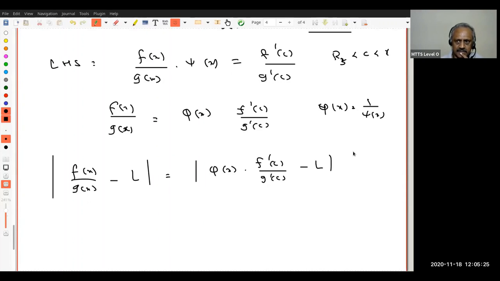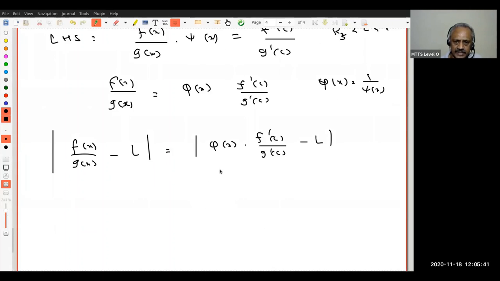Yeah, because my c is greater than R3, R3 is greater than already R1. Therefore, f dash c by g dash c minus L in modulus will be less than epsilon by 2. You understand? And what do I know about phi of x?